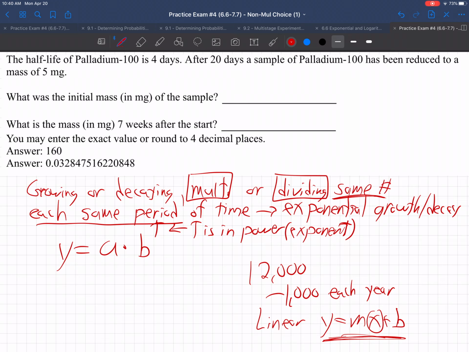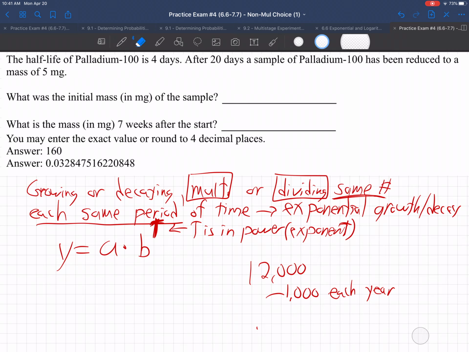That makes things explode or shrink super fast. And so in that case, you have an exponential equation to represent that behavior. T gets up in the power zone in those cases. That's how real life math and science works in these situations. Some things are linear when you're adding or subtracting the same number every time. Some things are exponential when you're multiplying or dividing the same number every time.